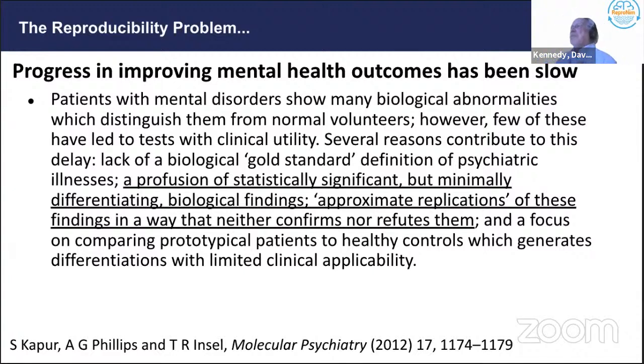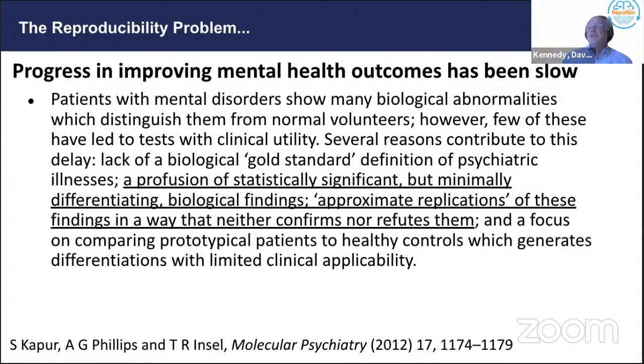The one I happen to lean back on, particularly on the mental health topic, was a comment by Tom Insel, the head of the National Institute of Mental Health, where he was lamenting back in 2012 that there's really a profusion of statistically significant findings.